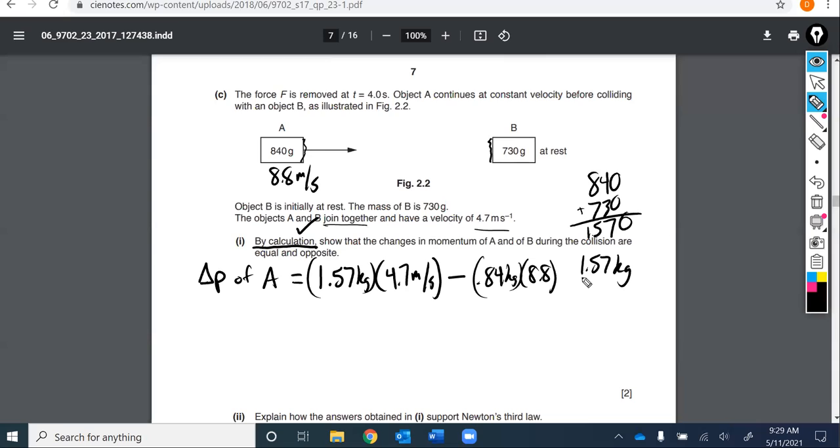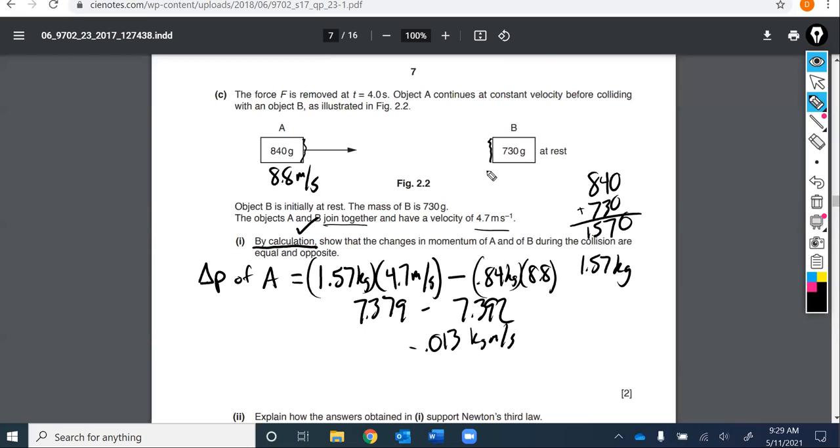So what does that give us? 1.57 times 4.7 means that the momentum of this new object was 7.379, and 8.8 times 0.84 was our 7.392 value. 7.379 minus 7.392 is negative 0.013 kilogram meters per second. I'm not so sure about this.